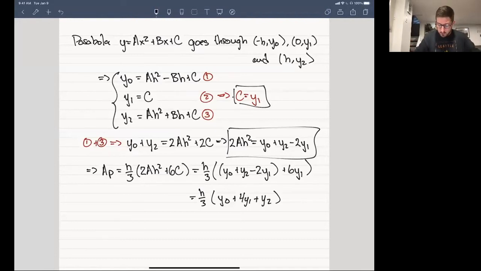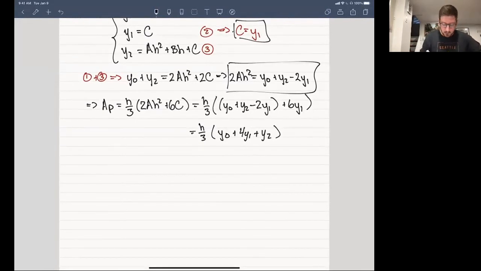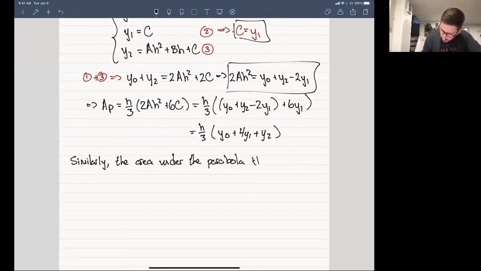That also tells me, similarly, the area under the parabola through, let's say, generally any collection of points, xi minus 1, yi minus 1, xi, yi, and xi plus 1.